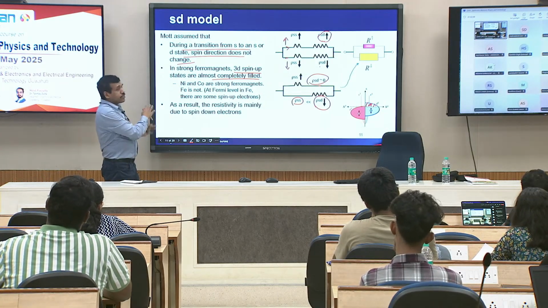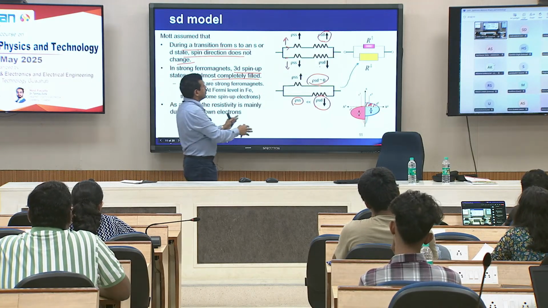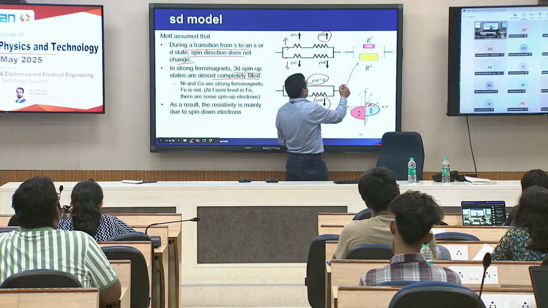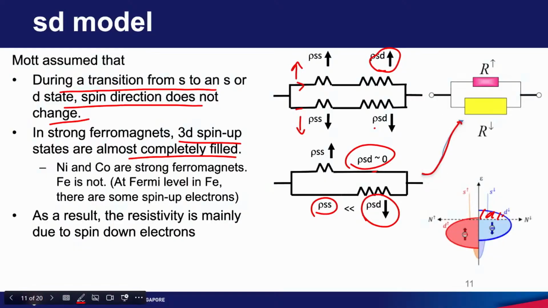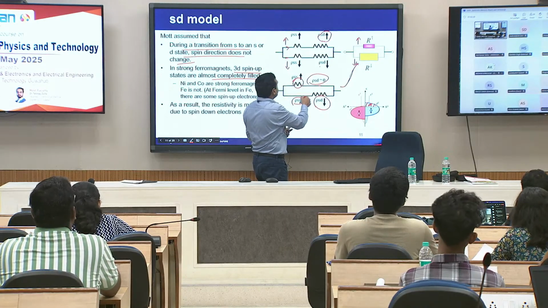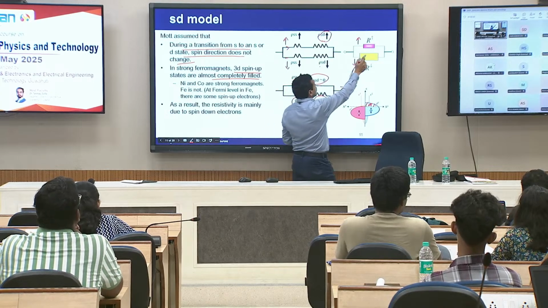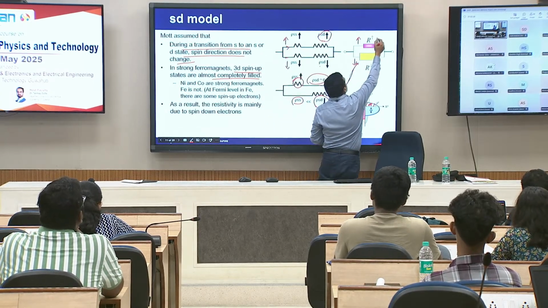Okay. So, because of all this discussion, we can come up with a simple diagram. So, now the resistance for spin up electrons and spin down electrons can be shown something like this. I told you this is 0 and this resistance is very small. So, for spin up electrons the resistance is small.